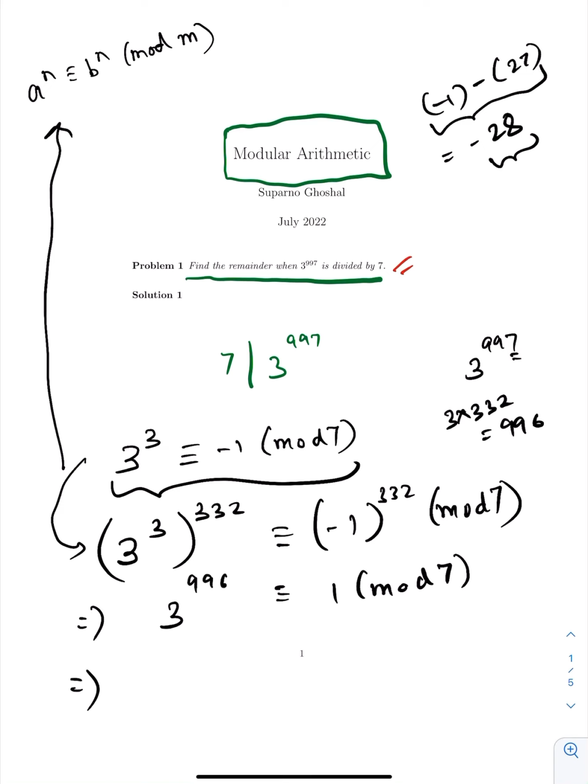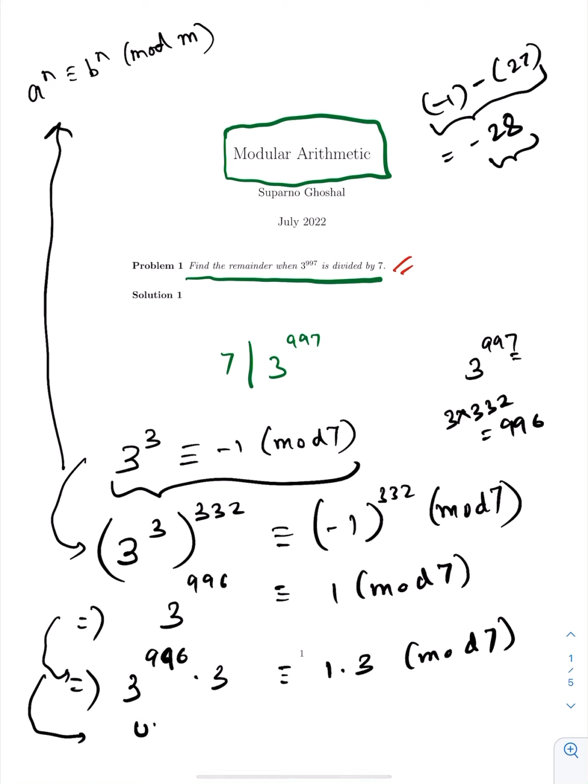And now if I use the second property, I can multiply 3 on both sides, and this I can do.